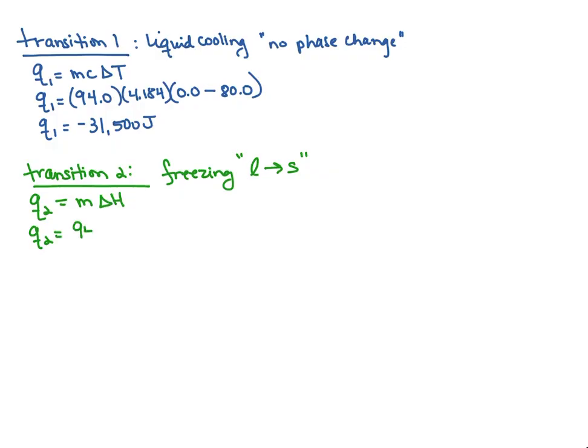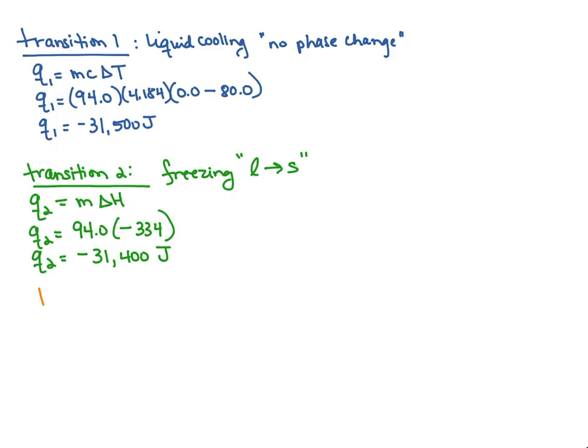I do have the mass, and I do have the delta H of fusion. Now, fusion is solid to liquid, but I'm going from liquid to solid. So I'm going to try to remember that I need to take the negative of that delta H, because freezing is just the opposite of fusion. So Q2 is equal to negative 31,400 joules.